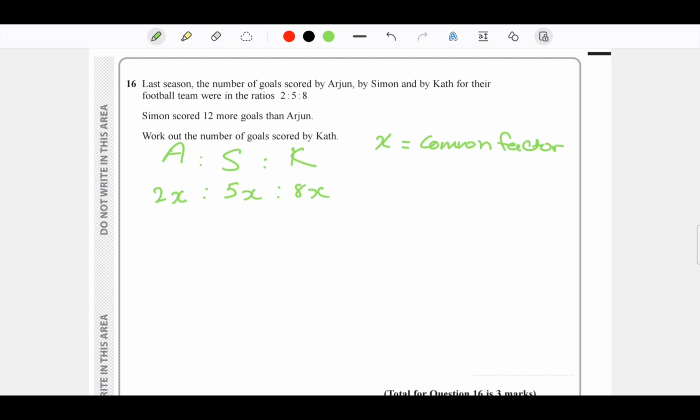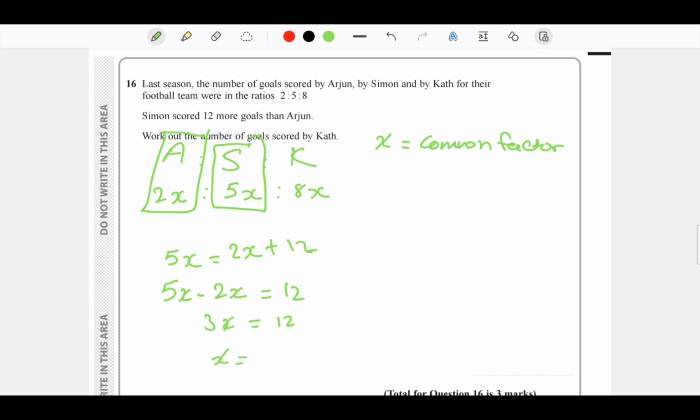Alright, okay, so what do we know from this is that Simon, which is 5x, scored 12 more goals compared to Arjun. Okay, so we're going to solve for x. We're going to bring the x all to one side.